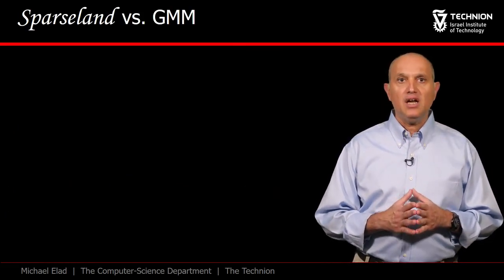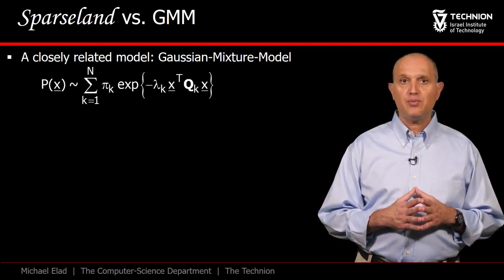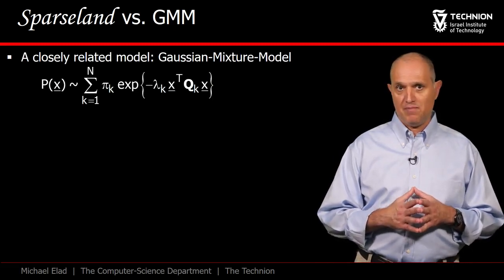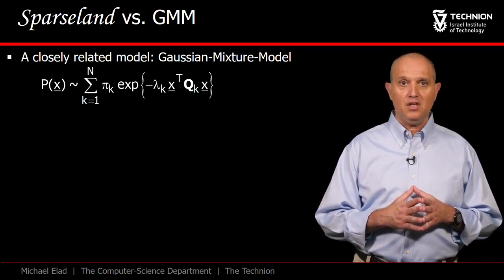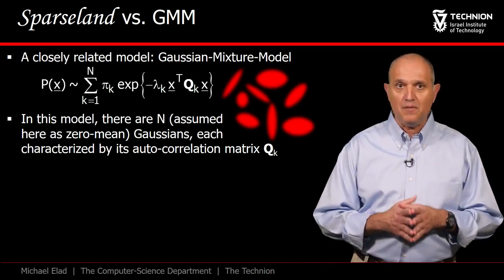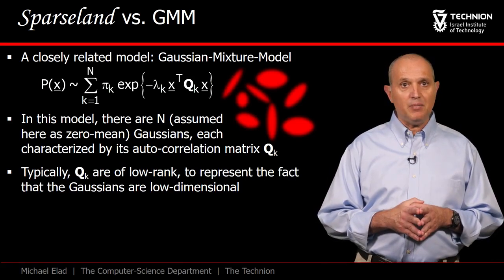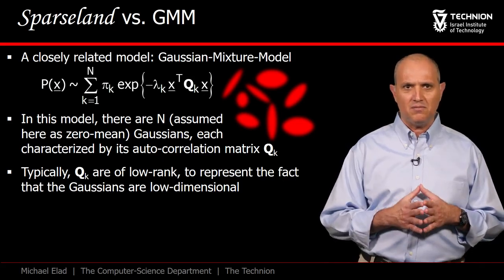SparseLand is closely related to the Gaussian mixture model, GMM. Here is a formal description of the probability density function of GMM. It is built as a weighted average of n Gaussians. Each of these Gaussians is characterized by the autocorrelation matrix Q_k, and these matrices are typically low rank to reflect the fact that these Gaussians are highly oriented.